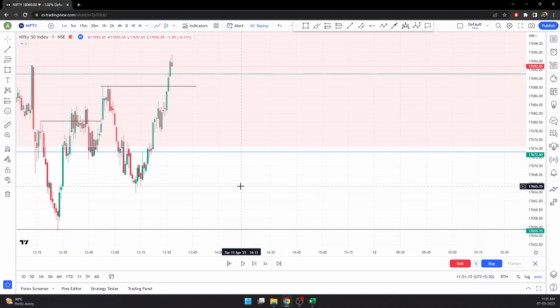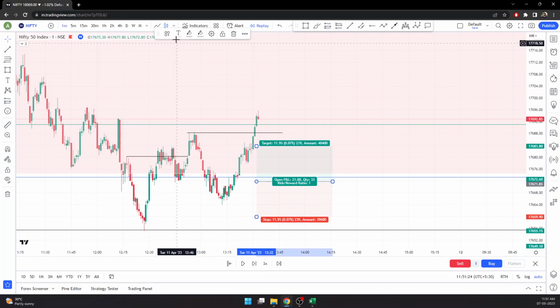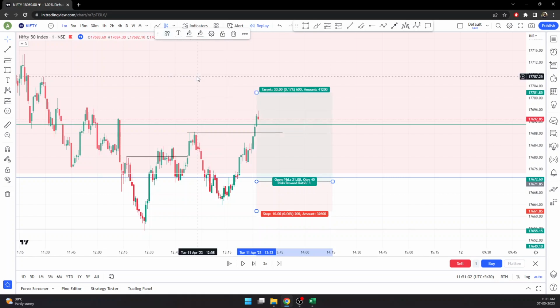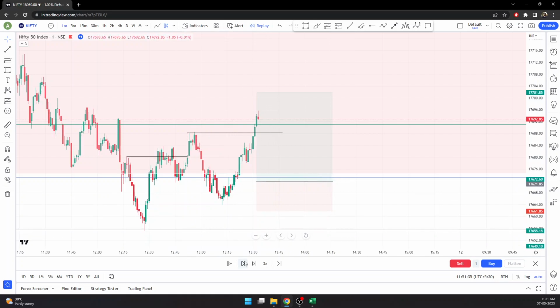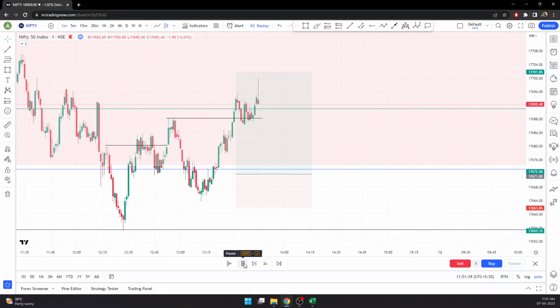Yes, this level has been broken now, but for us the buy opportunity comes right down here, because we do not see any strong swing where we can place our stop loss. So let's see, this could be our entry. So let's see how the market comes back or not.